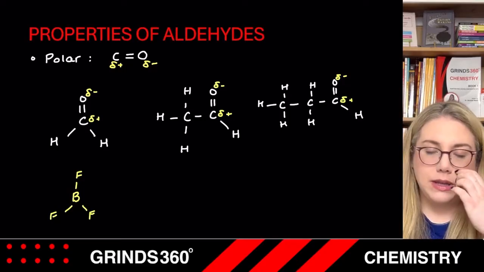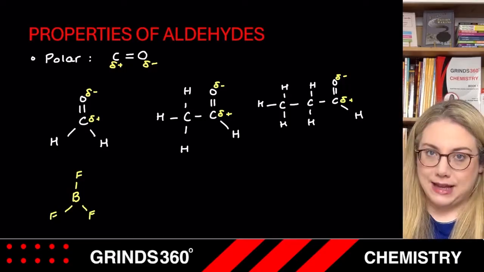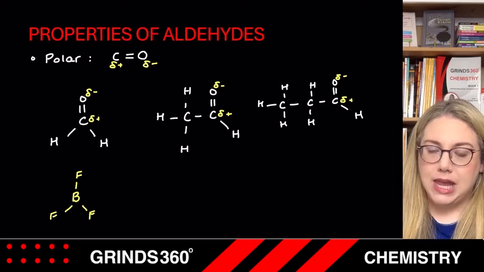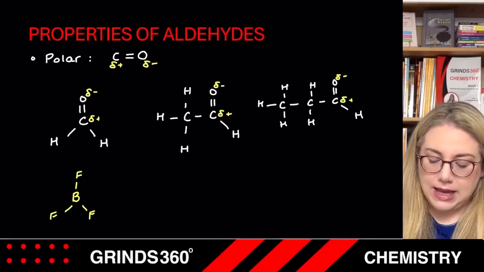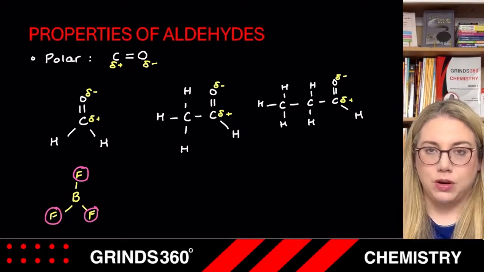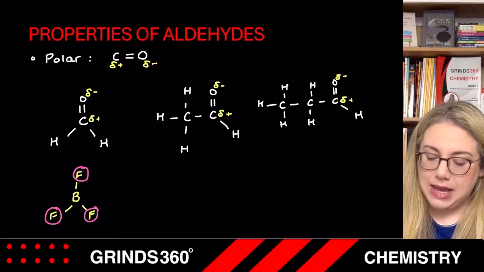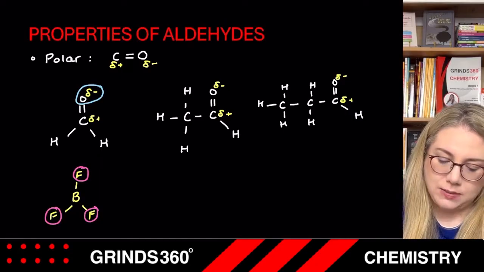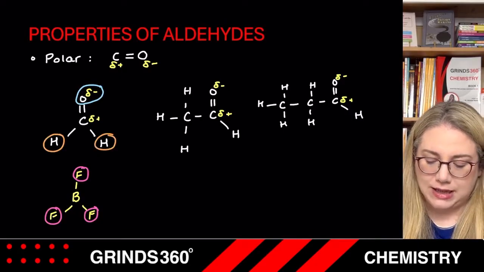Now, even though the carbon in methanal on the left-hand side is a trigonal planar carbon, it's different to BF3 because in BF3, all of the atoms attached to the boron are the same. In methanal, I have an oxygen up there and I have hydrogens here.